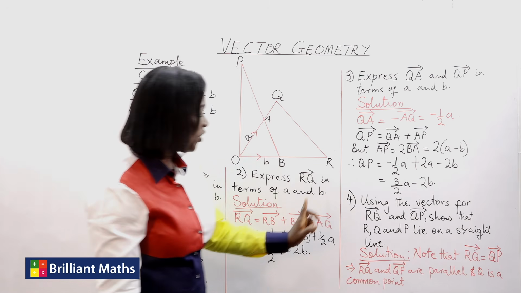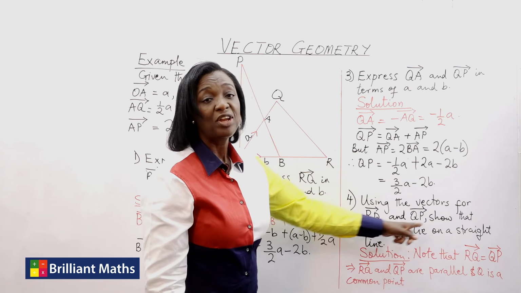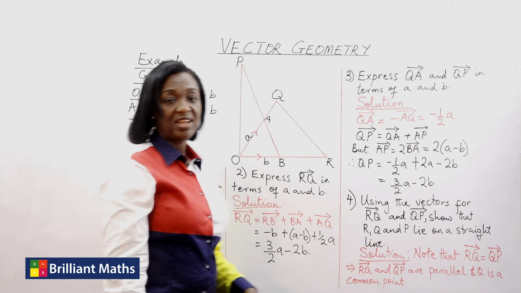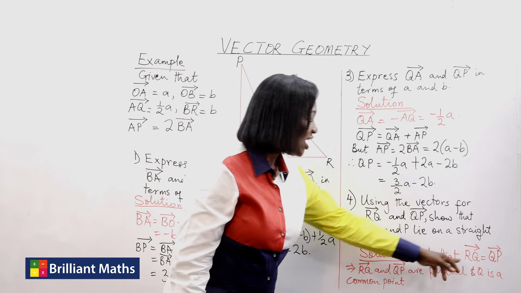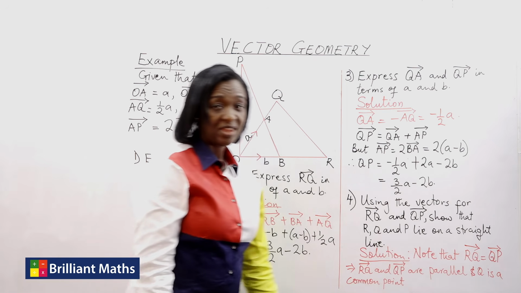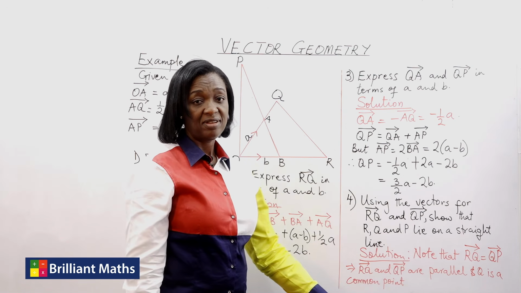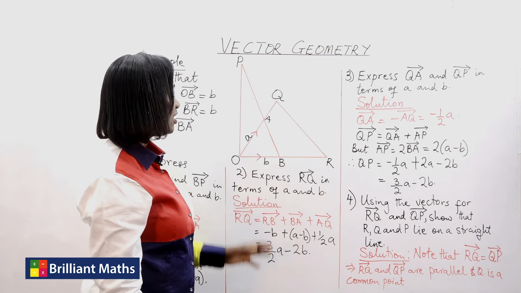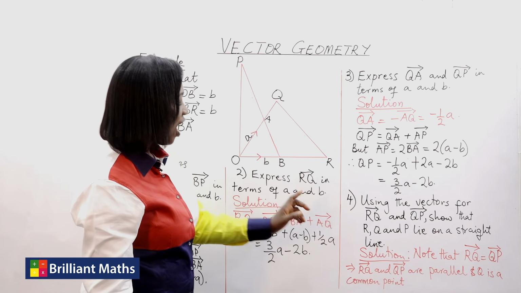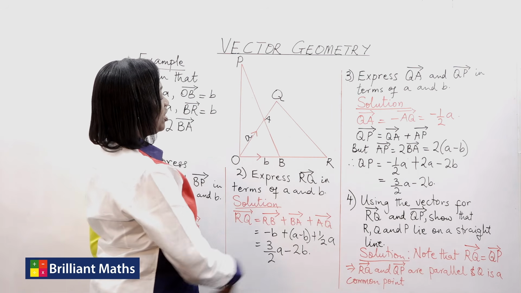So if the two vectors are equal, then they are parallel. And notice that Q is a common point in RQ and QP. So definitely the 3 points lie on a straight line because RQ is equal to QP, which implies that they are parallel. And since Q is a common point, then we know that R, Q, and P lie on a straight line.